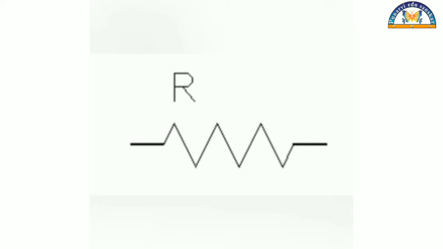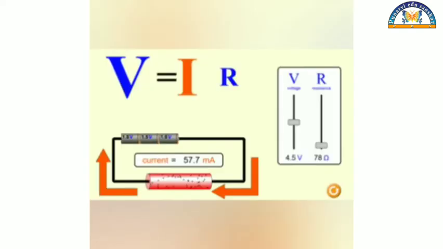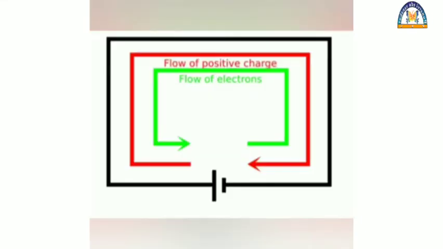Now let's begin with the topic of Ohm's law. When we talk about current, it would be in relation with the flow of charges, and these charges flow in a given circuit from a region of higher potential to a region of low potential. Hence, it can be stated that in a given circuit, charges flow and we get electric current.